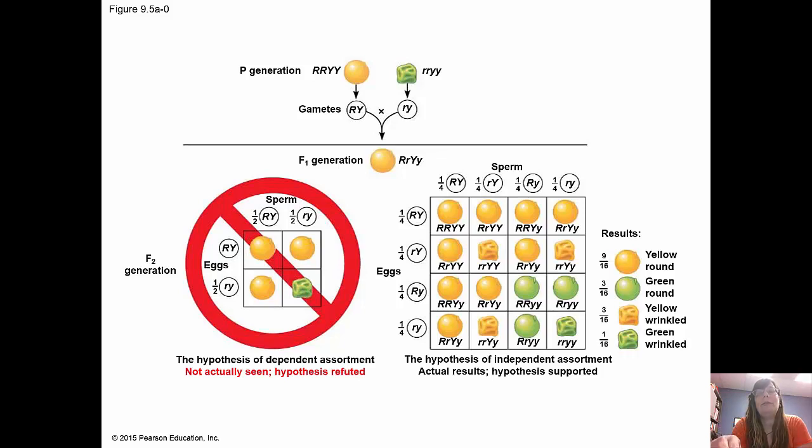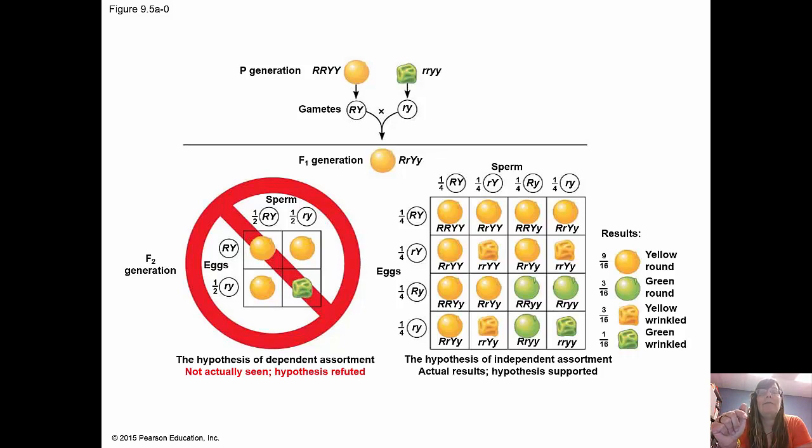Then when you cross those, if you look, 2 big R's, 2 big Y's, that's going to be round yellow. Big R, little r, big Y, again, round yellow. So the whole first row is basically round yellow. And that's because one dominant trait is present in both characters. So you have a big R and a big Y present all the way across the board.